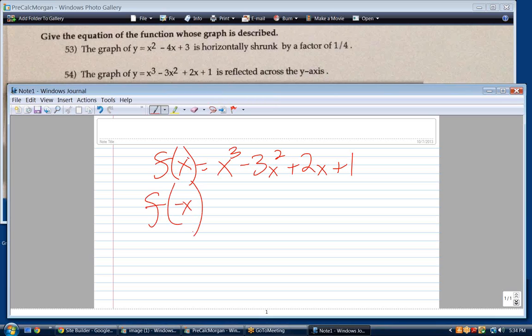In other words, I am going to substitute minus x for x. So what is f of minus x equal?